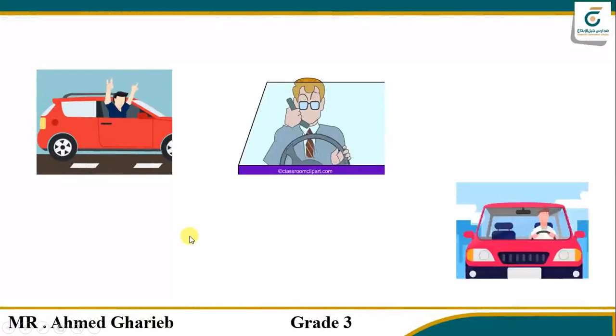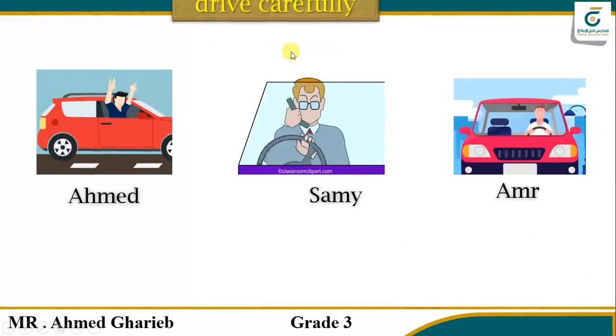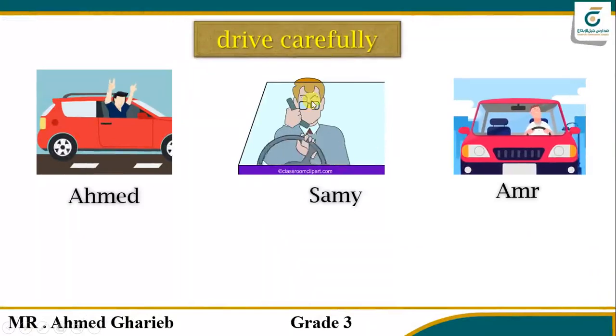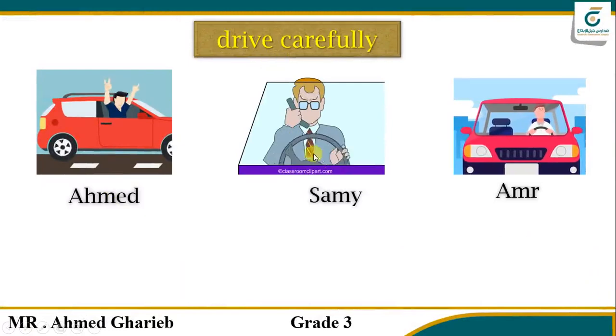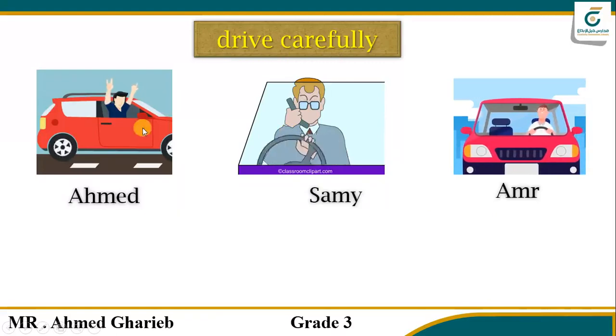Three persons do the same action, which is driving carefully. So Ahmed drives carefully, Sami drives carefully, Amr drives carefully. All of them are doing the same action, driving carefully, but in different degrees.